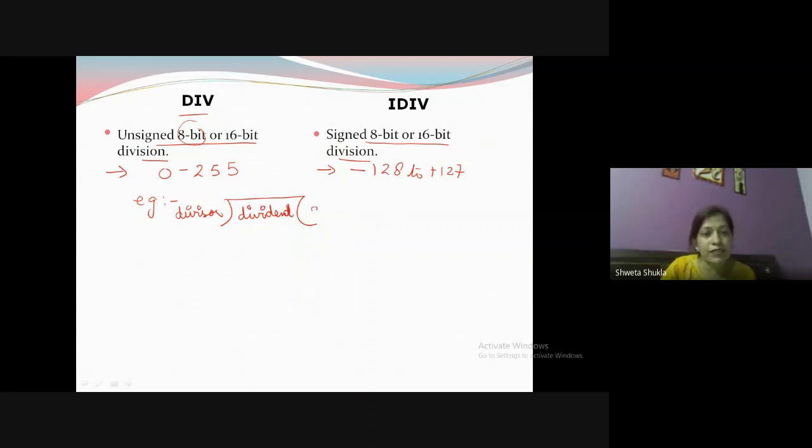And what is this? This is the quotient. Now, after dividing the dividend by the divisor and subtracting, whatever value you get is the result, and this result is known as the remainder.